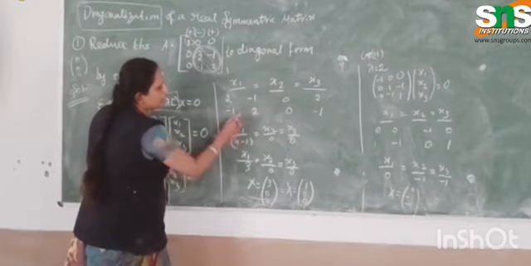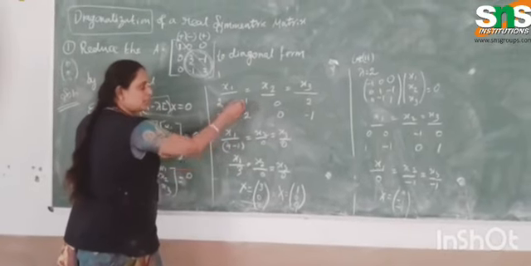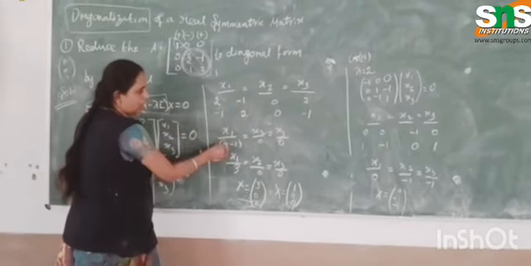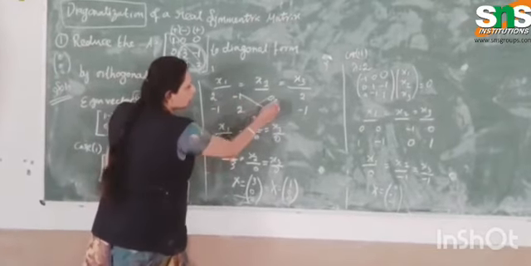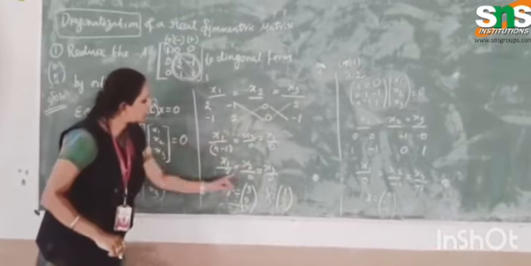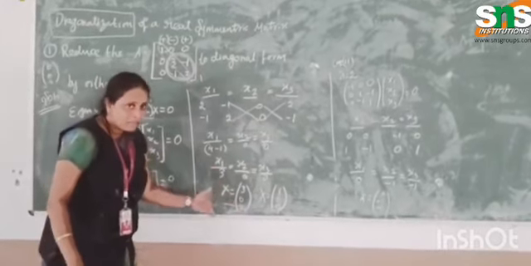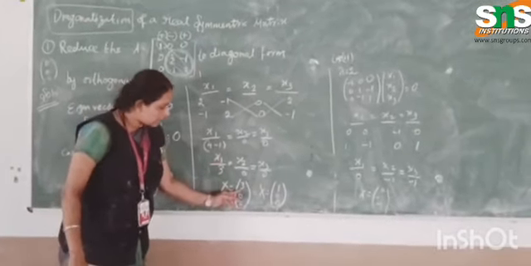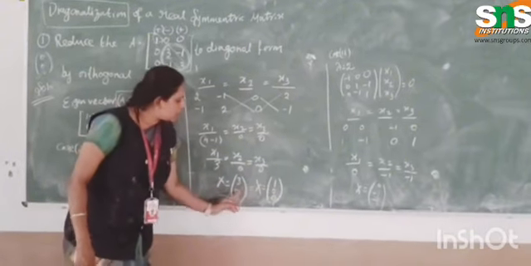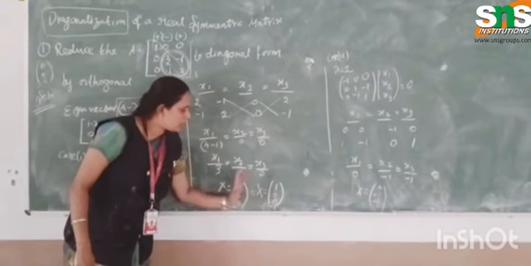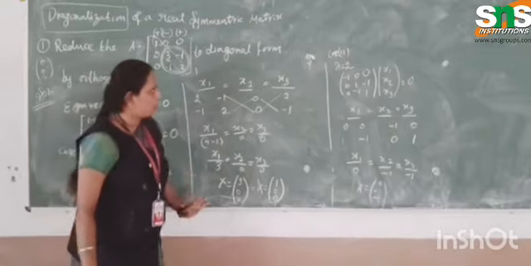Minus 1 into minus 1 is plus 1, and the formula has a minus. After simplification we get 3, 0, 0. Dividing by 3, we get 1, 0, 0.